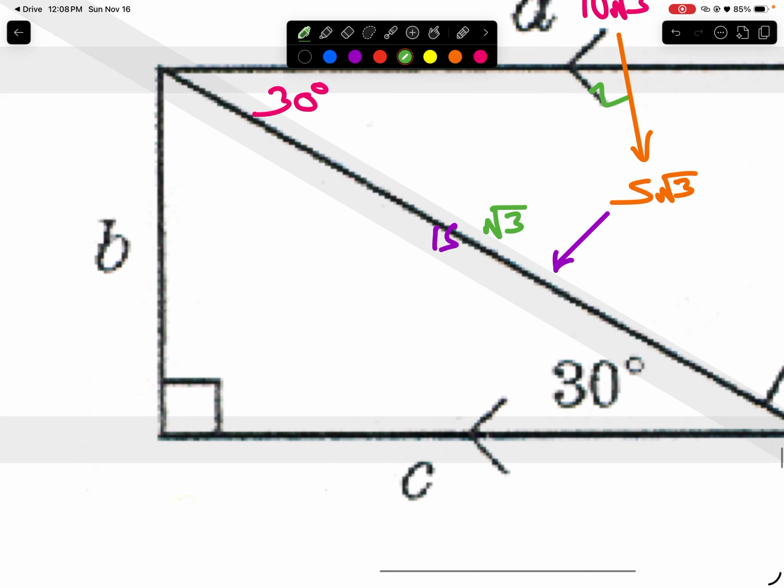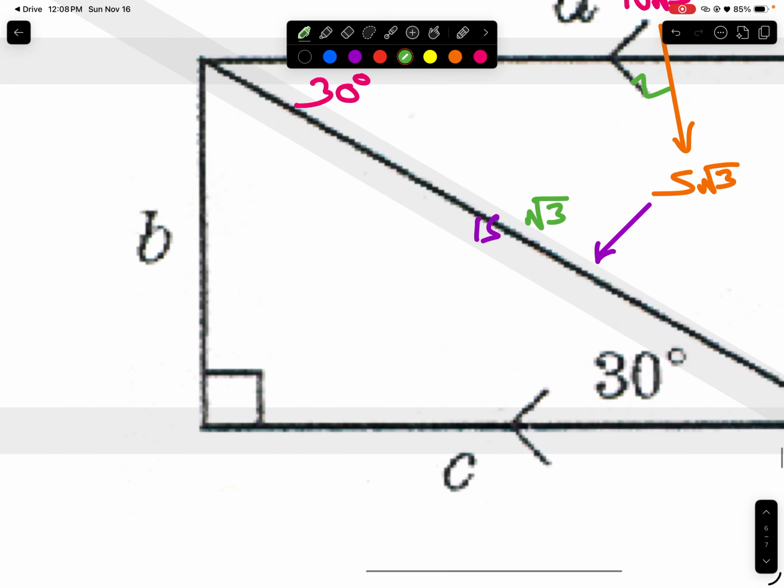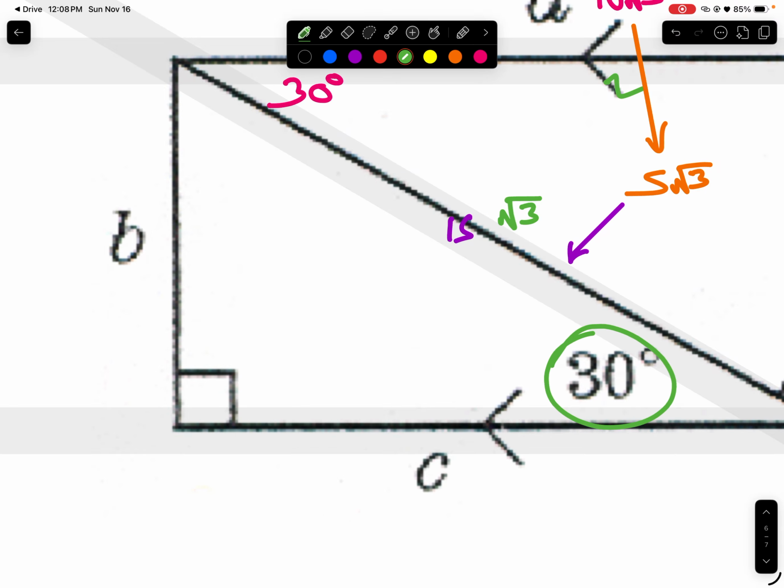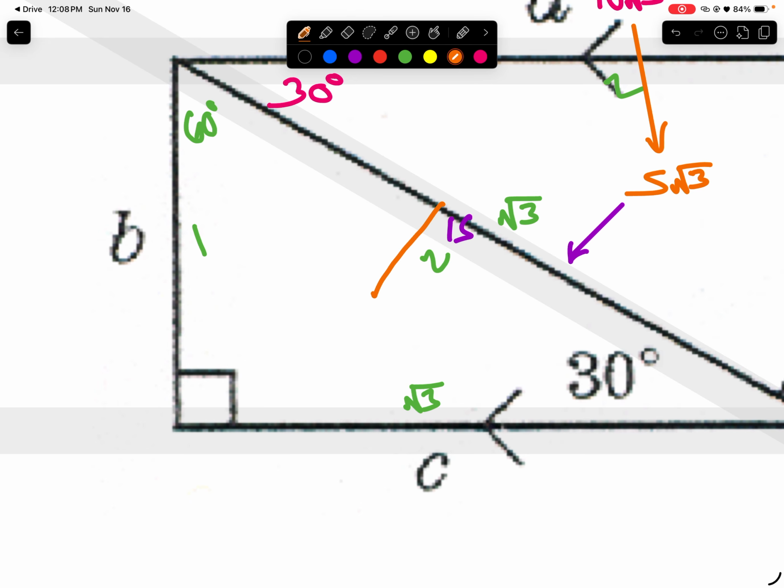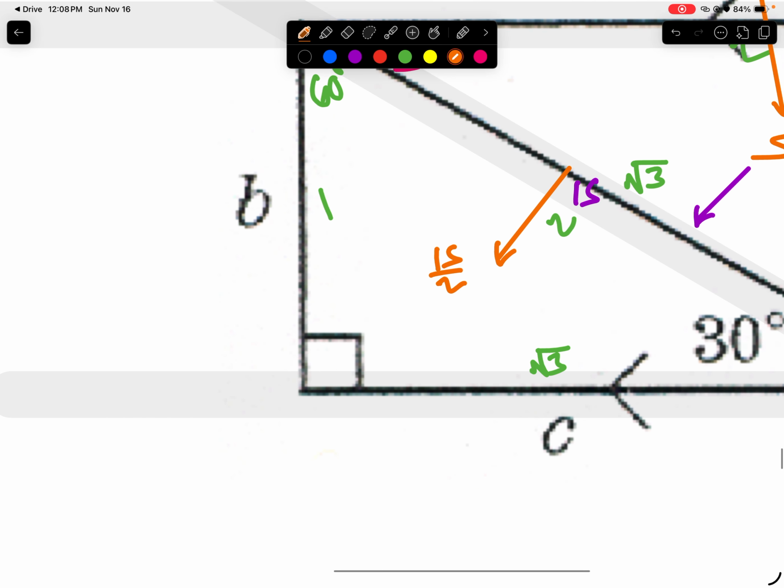So now I want to do the ratios of my other triangle down here. So if this is 30 down here, that means this has to be 60. So my ratios are going to be 1, root 3, and then 2. So I'm ready to divide going in. So I'm going to have 15 divided by 2, which is going to be just 15 halves. Leave it as a fraction. And then I'm going to multiply out.